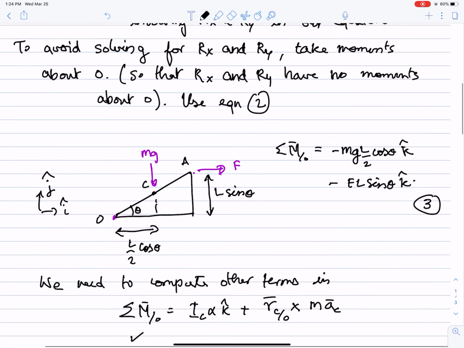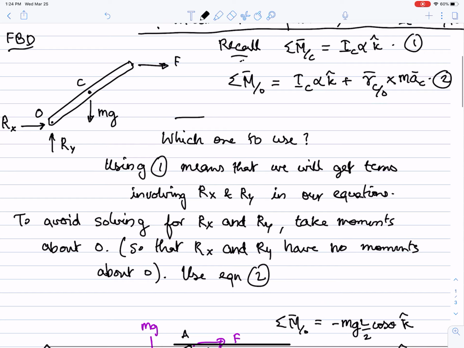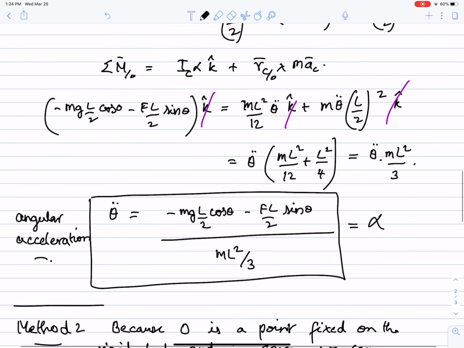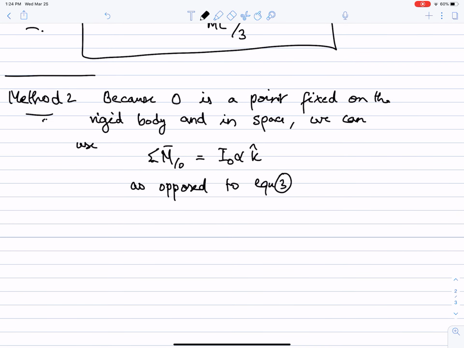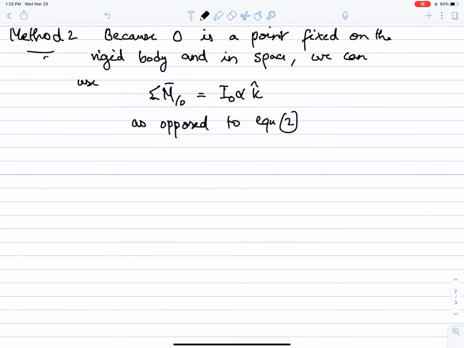Or was it equation 2? I guess equation 2, as opposed to equation 2. Okay, sum of moments about O is still the same. But what is I_O? I_O is computed using what's called the parallel axis theorem.